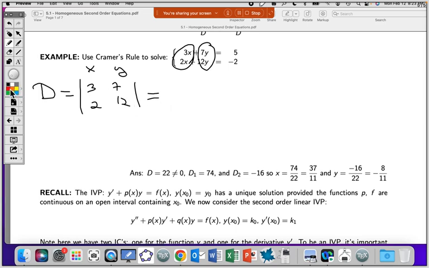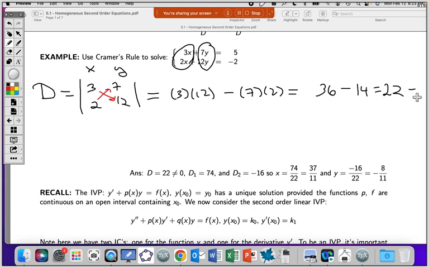And then we go through, as a former student Eric used to say, the zig minus the zag. So 3 times 12 minus 7 times 2. You get 36 minus 14, which is 22.